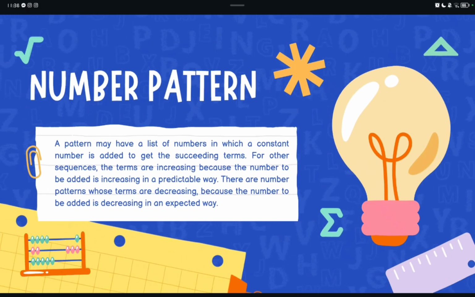So, number patterns. A pattern may have a list of numbers in which a constant number is added to get the succeeding terms. For other sequences, the terms are increasing because the number to be added is increasing in a predictable way. There are number patterns whose terms are decreasing because the number to be added is decreasing in an expected way.